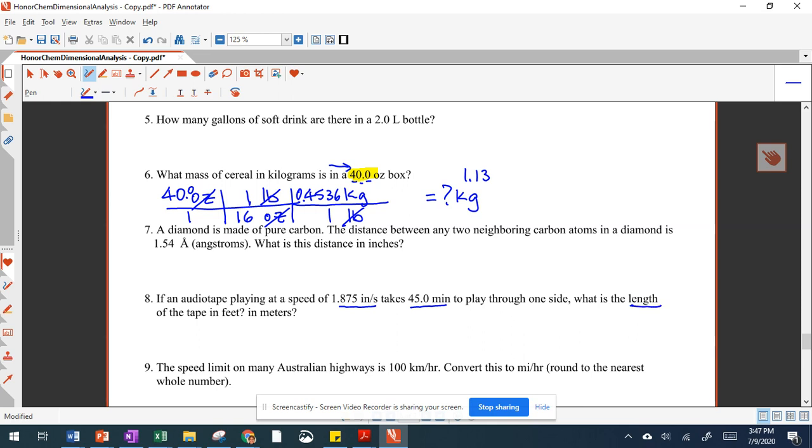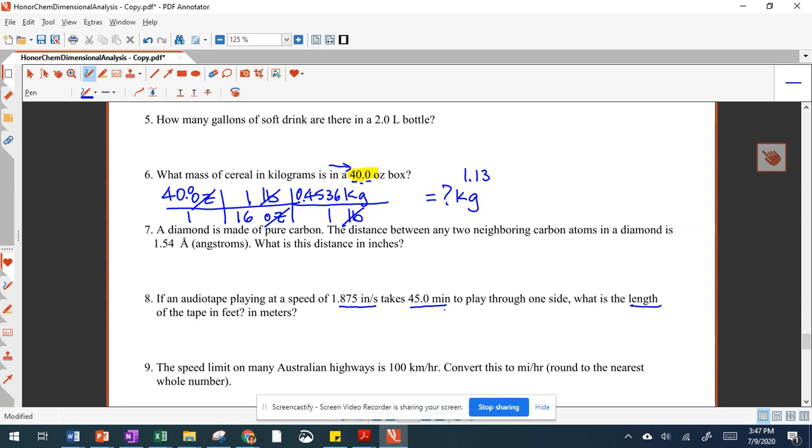If you think about it, if you're driving in your car and you know that you've driven maybe an hour and you've gone 65 miles per hour, you can take your time and multiply it by your speed, and you can find out how far you've driven. So we're going to do the same kind of thing here.